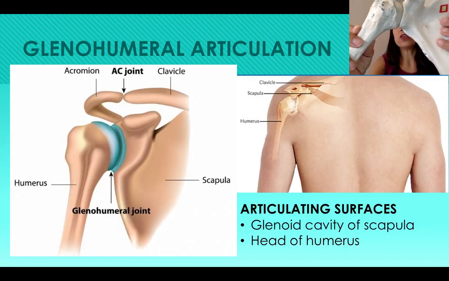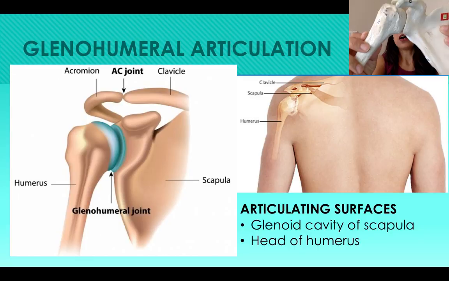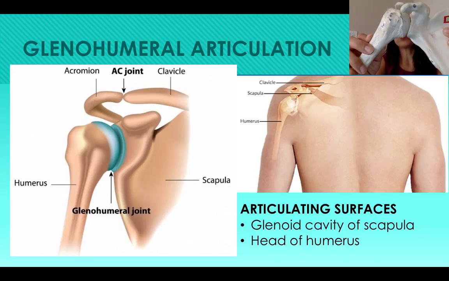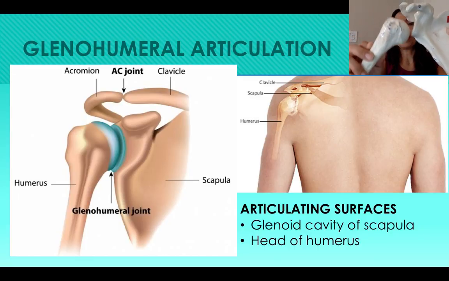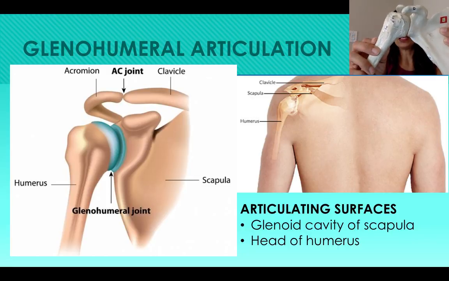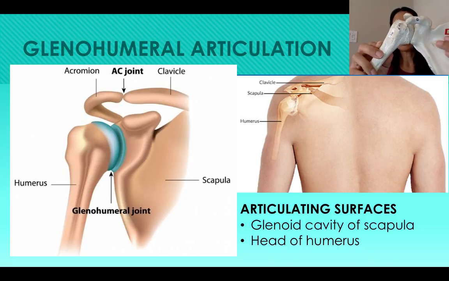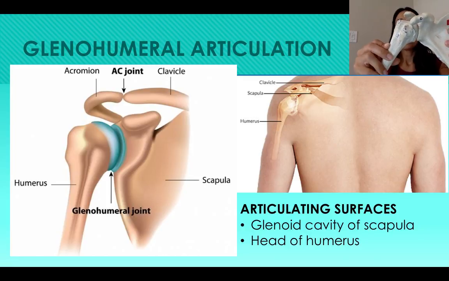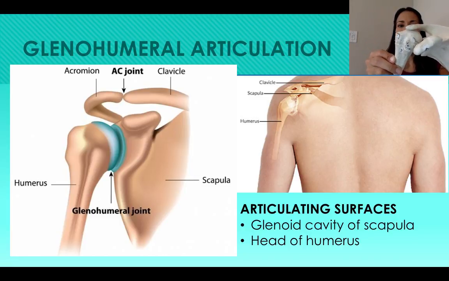So listen, look at this. How easy it is for the head of the humerus to slip off inferiorly and anteriorly out of the glenoid cavity. These are dislocations, that's the anatomical or clinical word that we use. Superior dislocations are not that common because the coracoid process and the acromion stop the humeral head from slipping off superiorly.